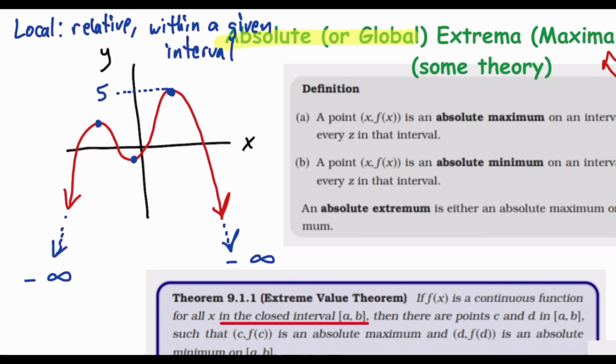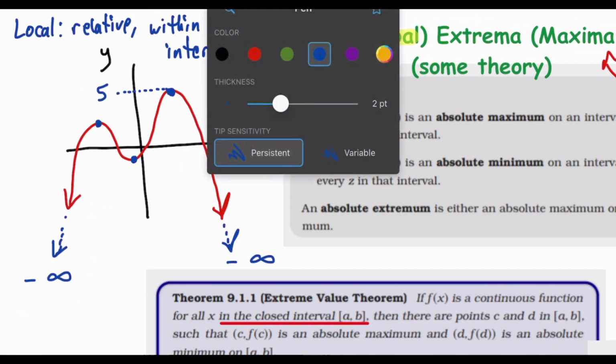So when I talk about maximums and minimums, or maxima and minima, I can define either that I'm trying to find the global or absolute values, the absolute highest place on the entire graph, or the absolute lowest place in the entire graph, or I may be given an interval in which I'm asked to look and identify.